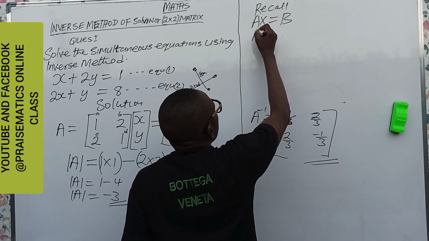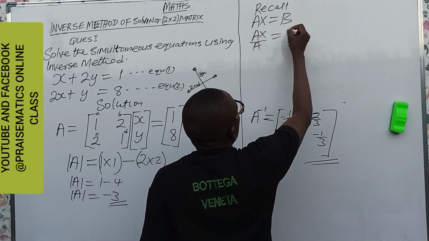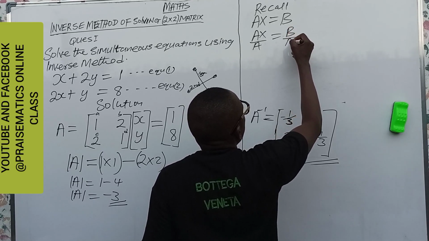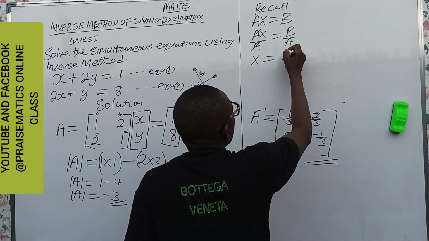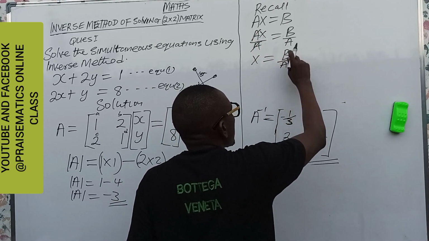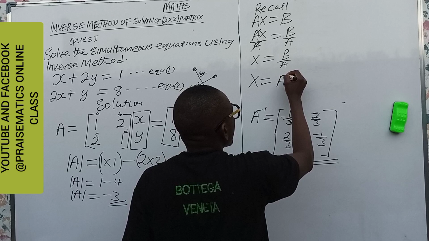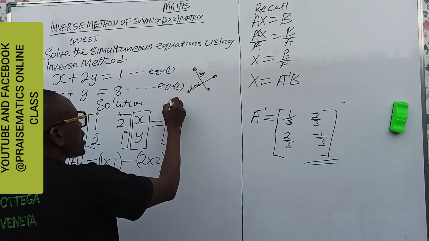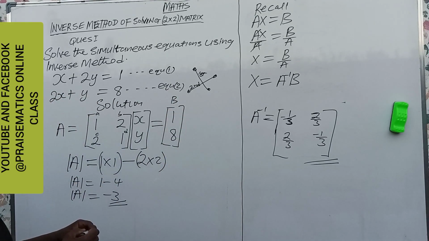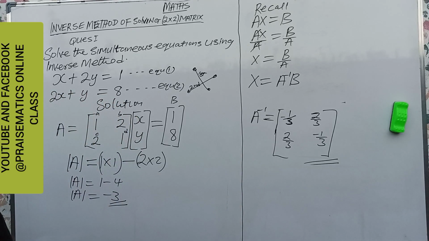We divide both sides by the coefficient of x. This will cancel. x is equal to B over A. This A will come up, so we have that x is equal to A raised to the power minus 1, by the laws of indices, times B. Okay, from here, this thing is B, the position on the right side. And we have succeeded in getting our A inverse.